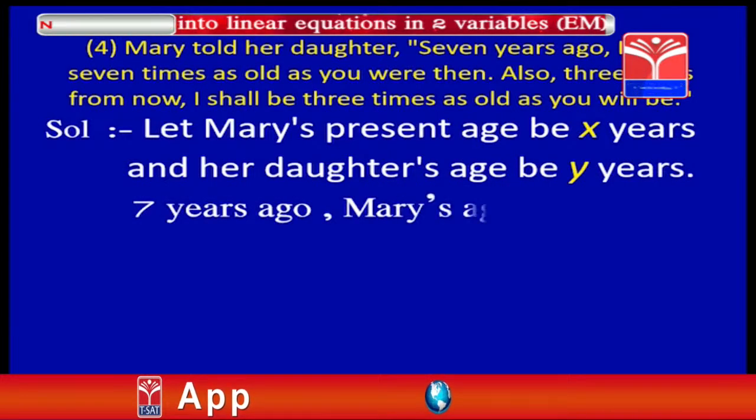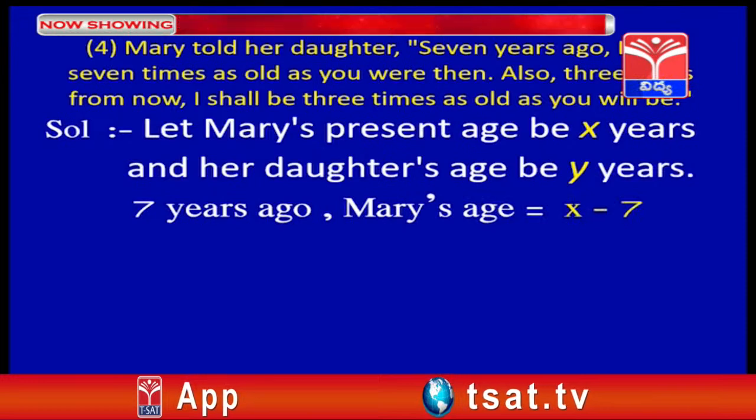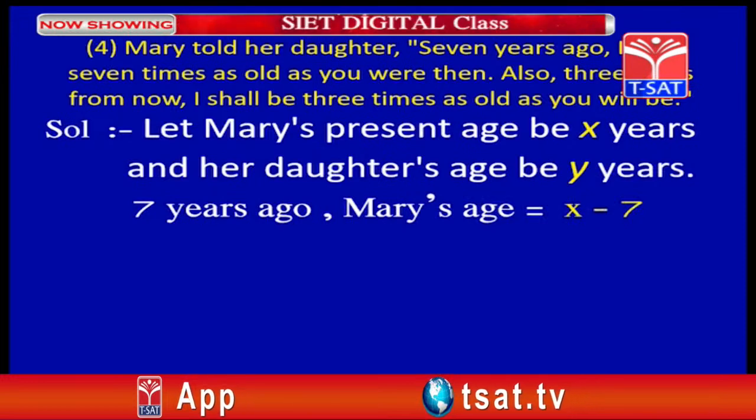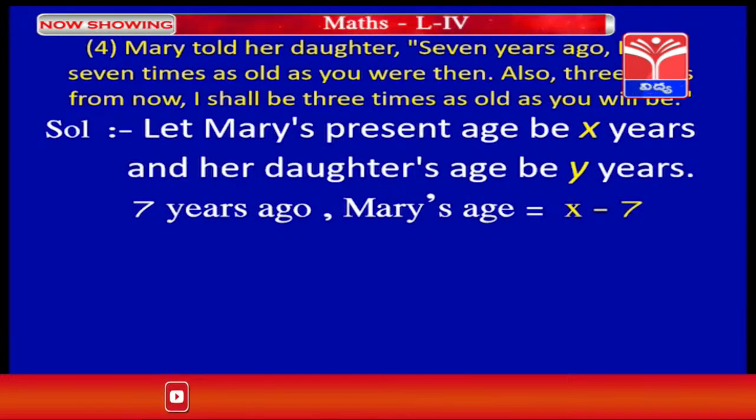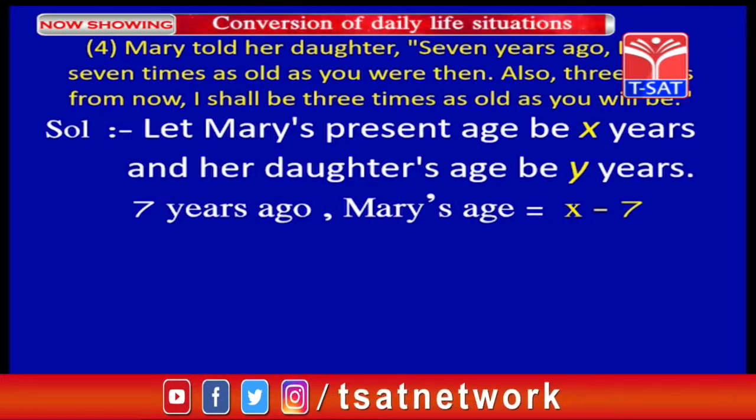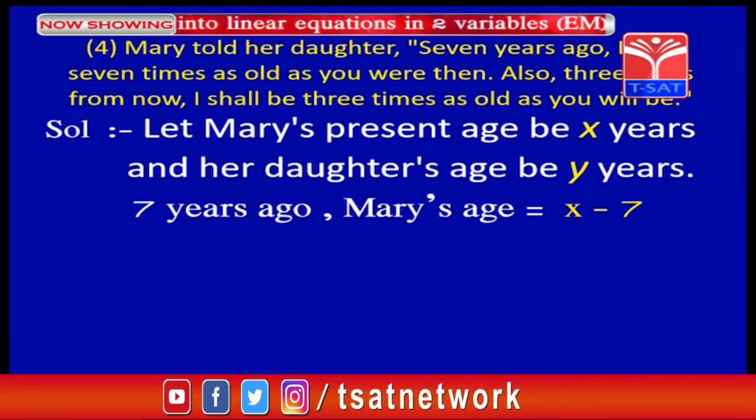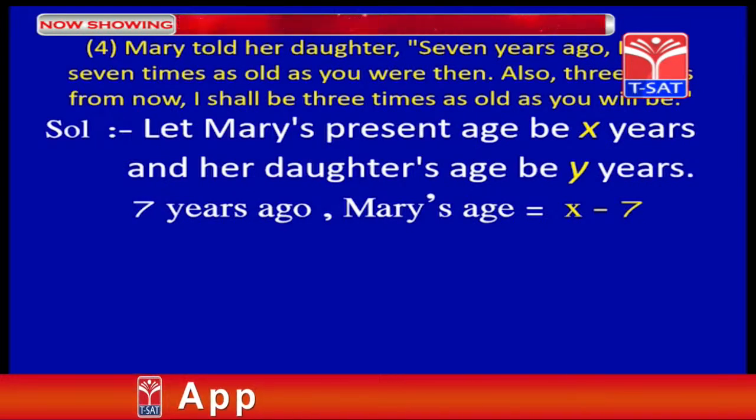7 years ago, Mary's age is equal to X minus 7. Why? Can you think? Let us assume your present age is 15 years. 7 years ago, what was your age?